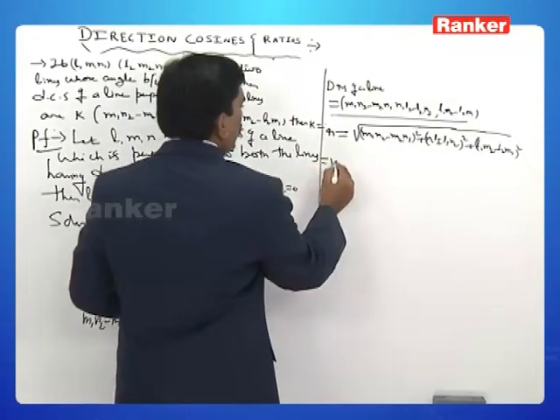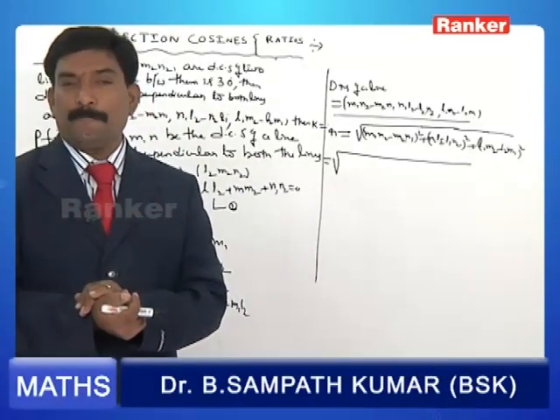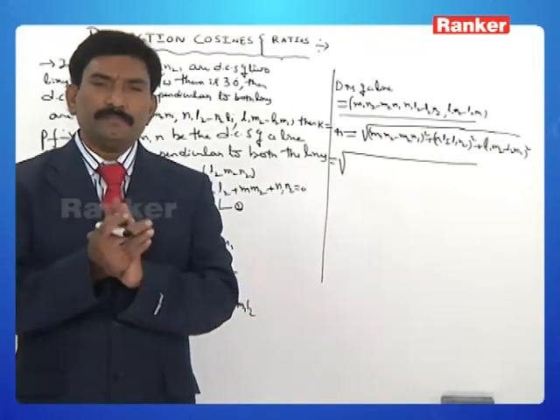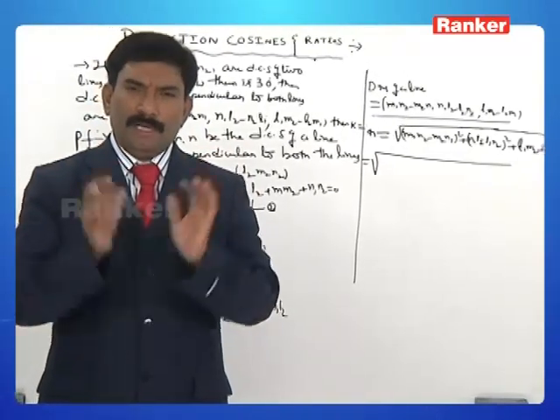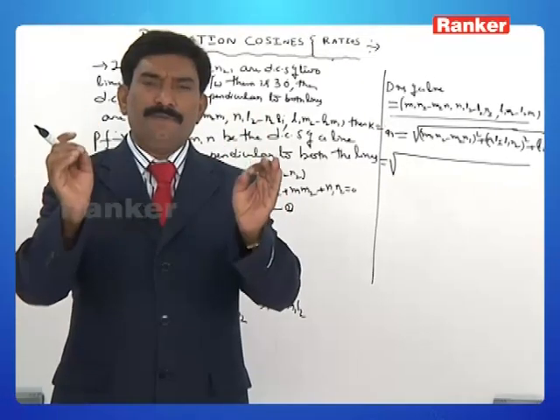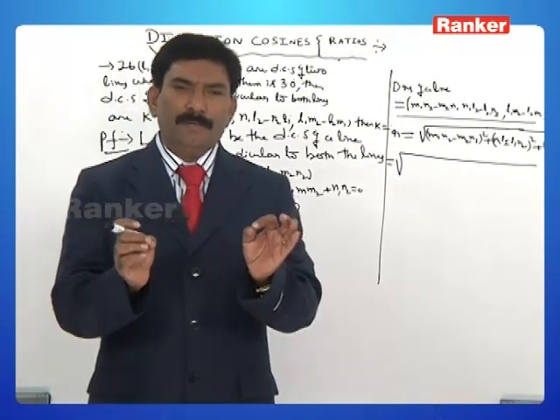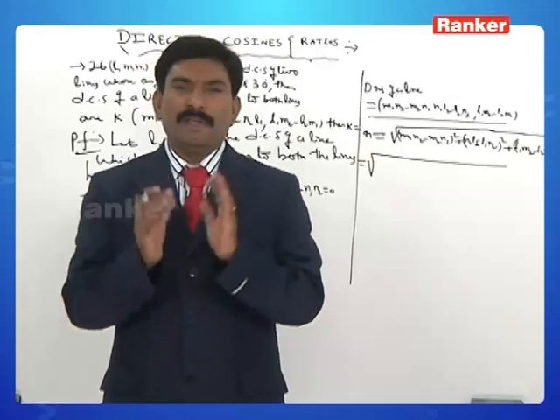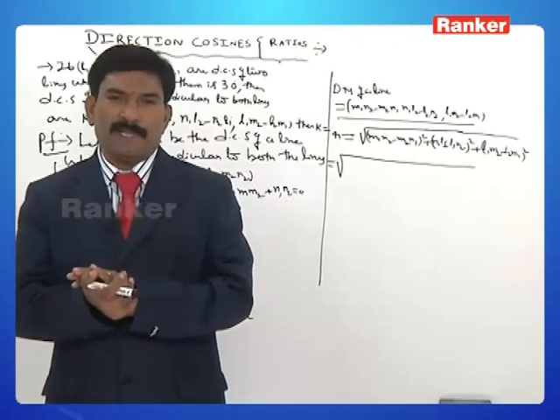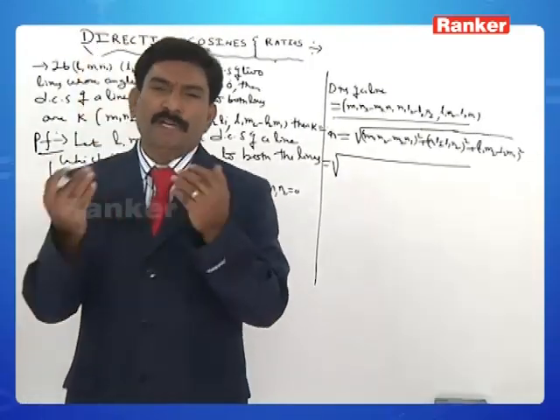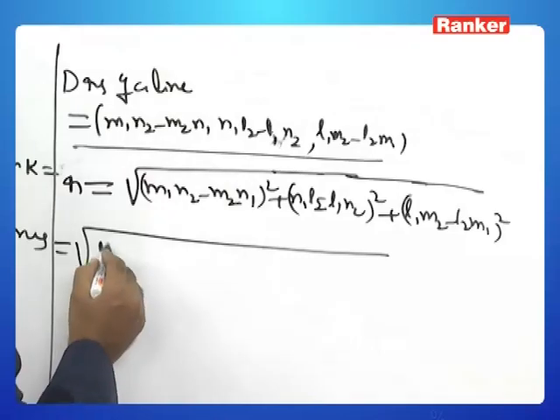Now by using Lagrange's identity, which we already came across earlier: (l1 square plus m1 square plus n1 square)(l2 square plus m2 square plus n2 square) minus (l1 l2 plus m1 m2 plus n1 n2) whole square is equal to (m1 n2 minus m2 n1) whole square plus (n1 l2 minus n2 l1) whole square plus (l1 m2 minus l2 m1) whole square.